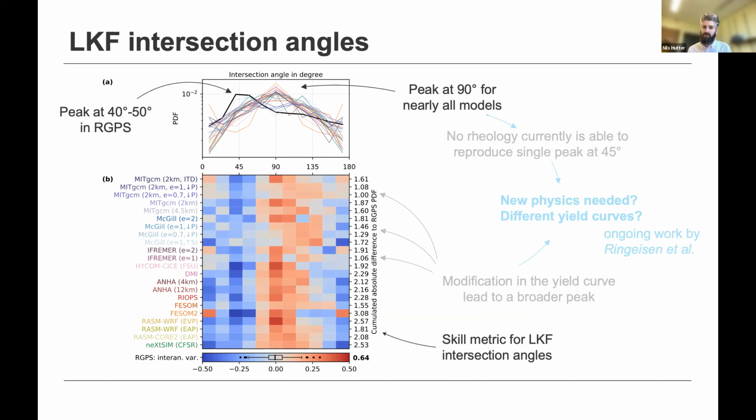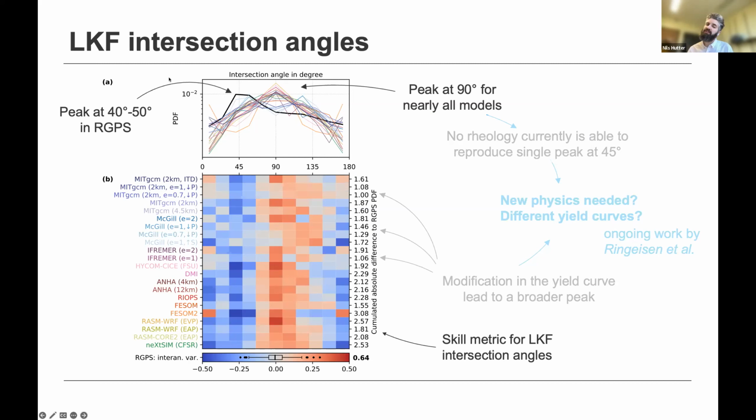The next statistic I want to talk about is the one that none of the models was able to reproduce, and this is LKF intersection angles. So on the top panel, you see basically the PDF of the intersection angle, and below in this color plot, you see again the difference in the PDFs.